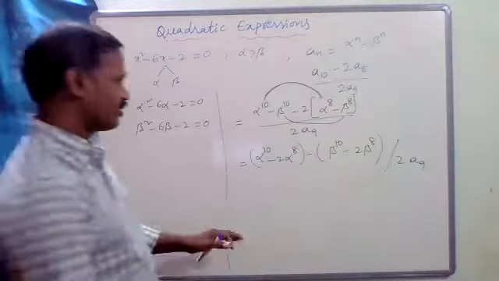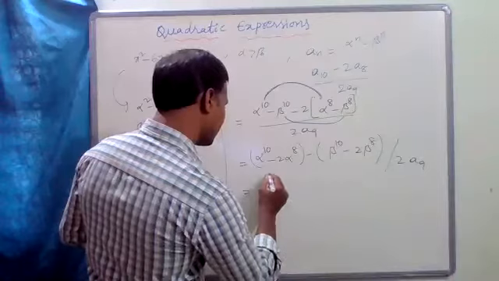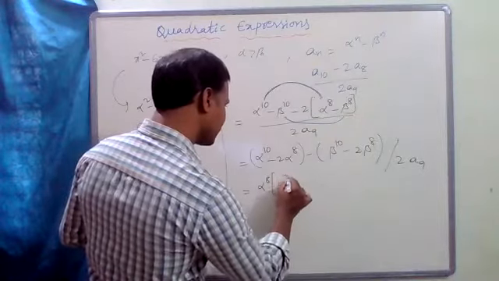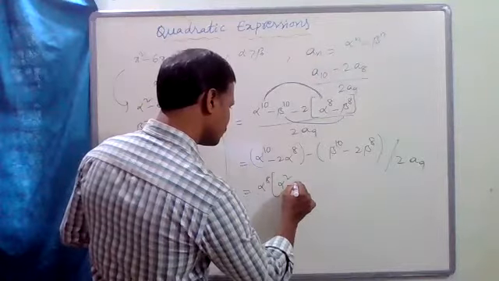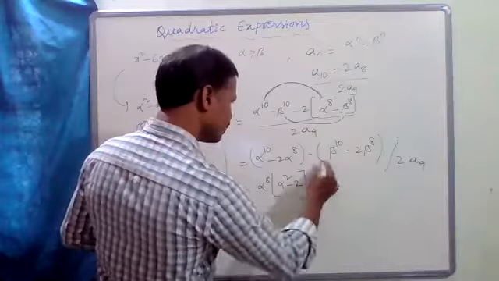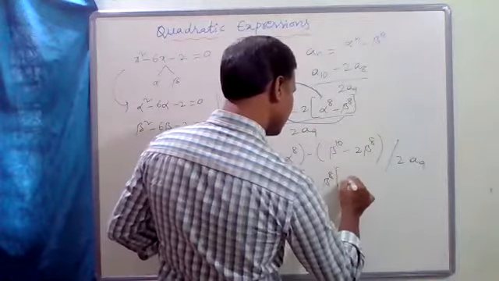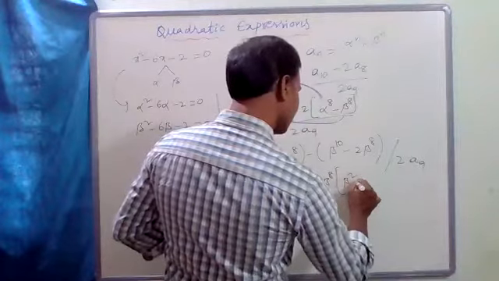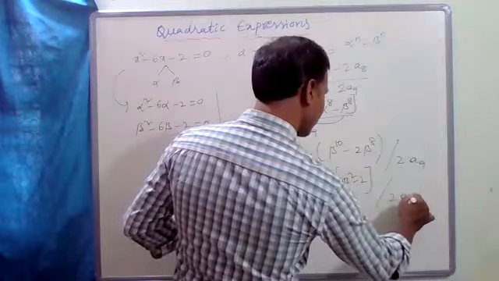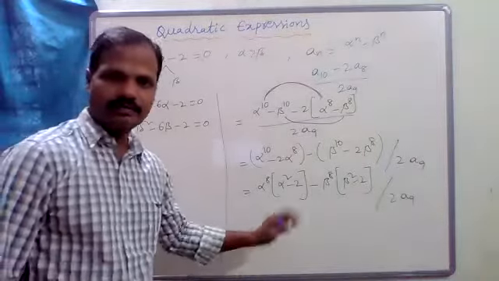Now from here, take alpha power 8 as common. What you will get? Alpha square minus 2. Here take common beta power 8, then you will get beta square minus 2, by 2a9. Is it clear to everybody?